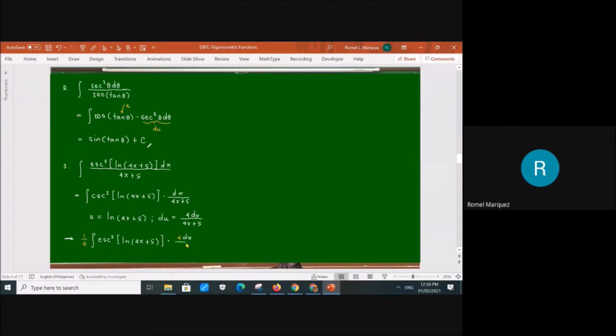Remember, only a constant can be moved out and inside of the integral sign. So I can multiply here and then balance outside by 1/4 because that 4 is a constant. But if the missing part contains a variable, you cannot supply inside and then balance outside. Is that clear, children? What's now the answer?